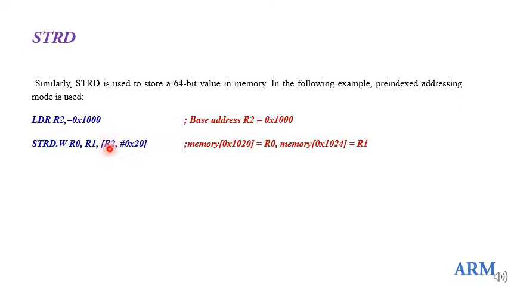Here R2 is the base register, and this immediate value is the offset. First the memory address is computed by adding the offset to the base register. The base register value is 1000 and the offset is 20.